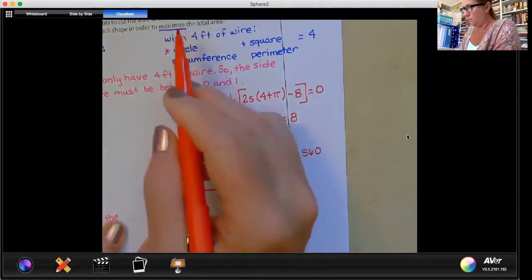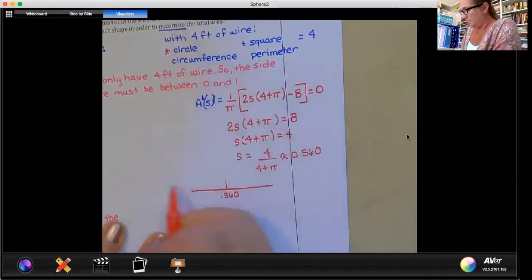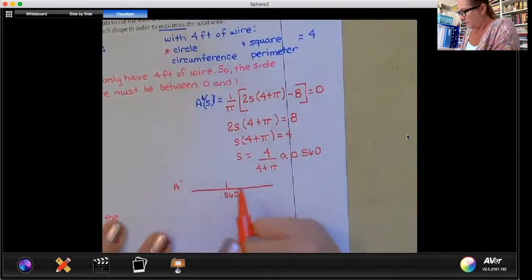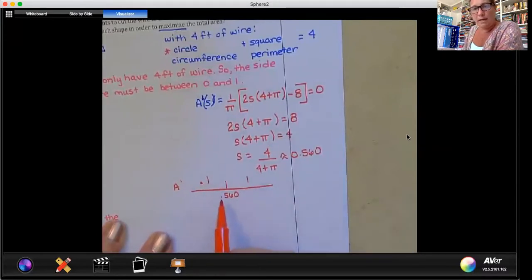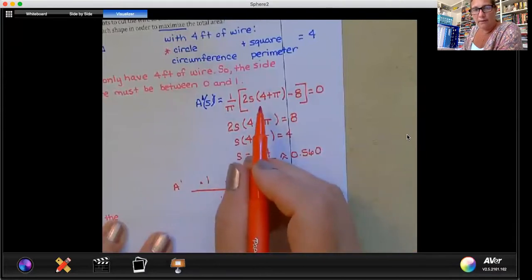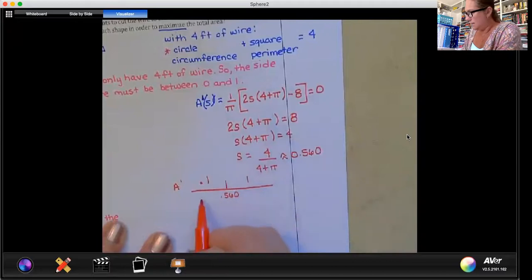Looking at your chart, you are looking for a maximum, so A prime. We're going to choose 0.1 and 1. We're plugging these two values into A prime of s, and you get a negative and a positive. Negative to positive is a minimum.